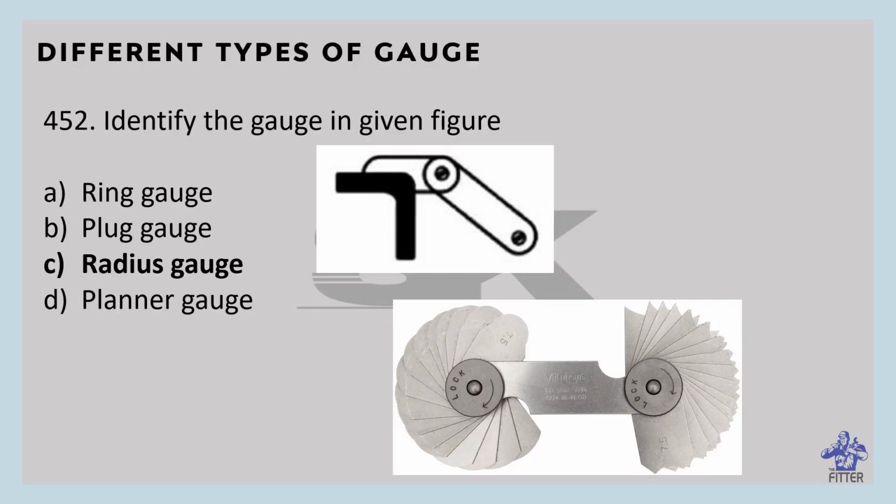You can see here in the bottom figure. The blades used for measuring external radius are called radius gauges, whereas the blades used for internal radius are called fillet gauges. The radius gauge set consists of both fillet and radius gauges.